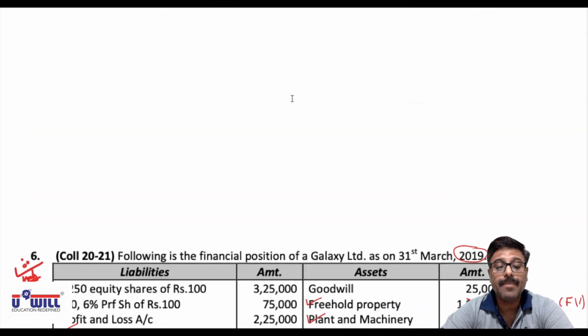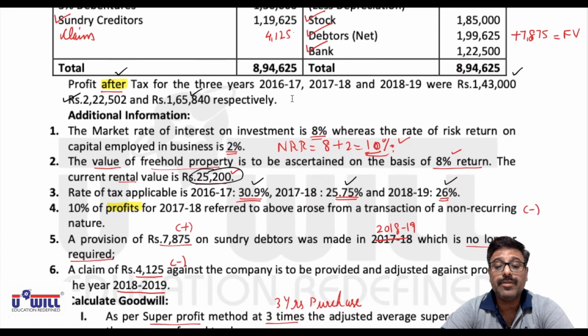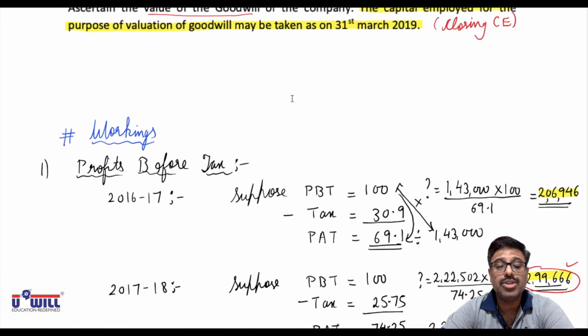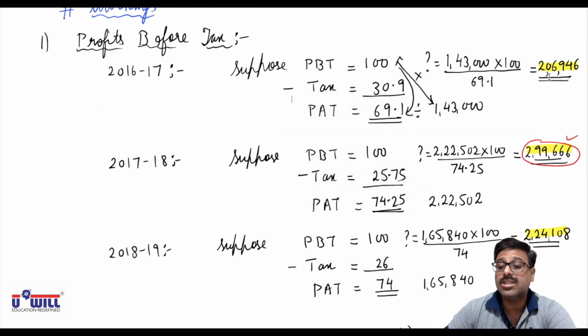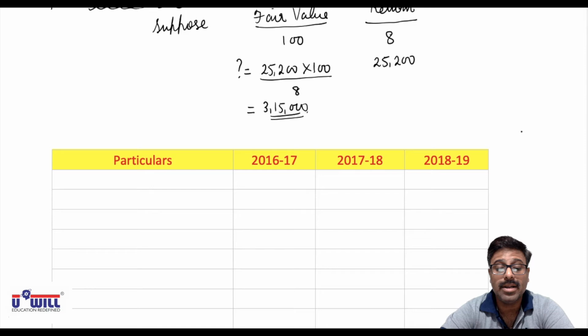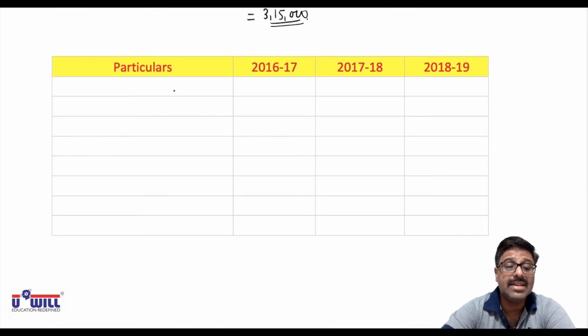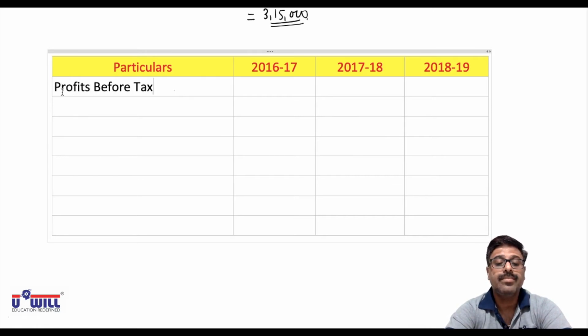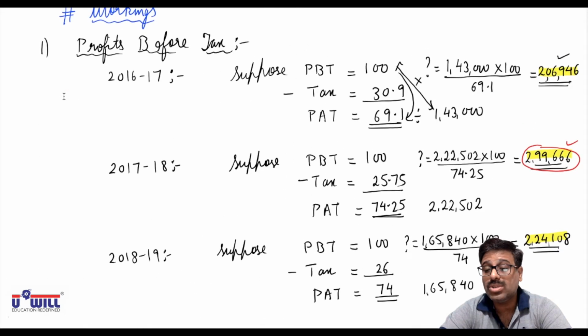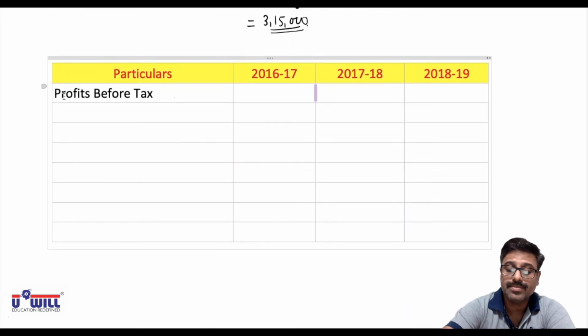Now be attentive. Very first, the profits we will not take as given in the question. We will make the workings. So we are going to take the profits before tax, which is 206,946. Okay, we have calculated 206,946. So write down profits before tax. What did we get? 206,946.